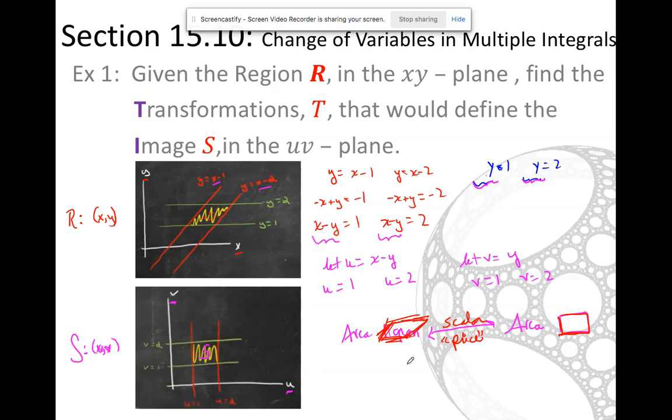But of a parallelogram, do you remember if we made one side a vector versus another vector, in chapter 12 maybe, we talked about the area of a parallelogram. How you find the area of a parallelogram is with a cross product.